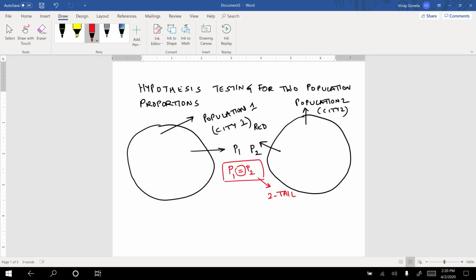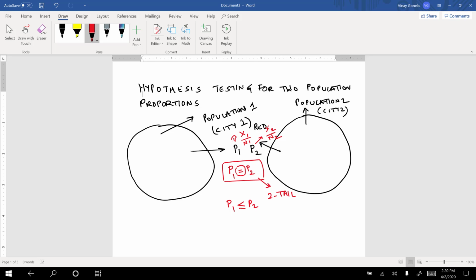So again, the formula for the proportion P1 would be x1 over n1, and this would be x2 over n2. Since these are populations, we will have capital N1 and capital N2. So the other situation that can happen is P1 less than or equal to P2.